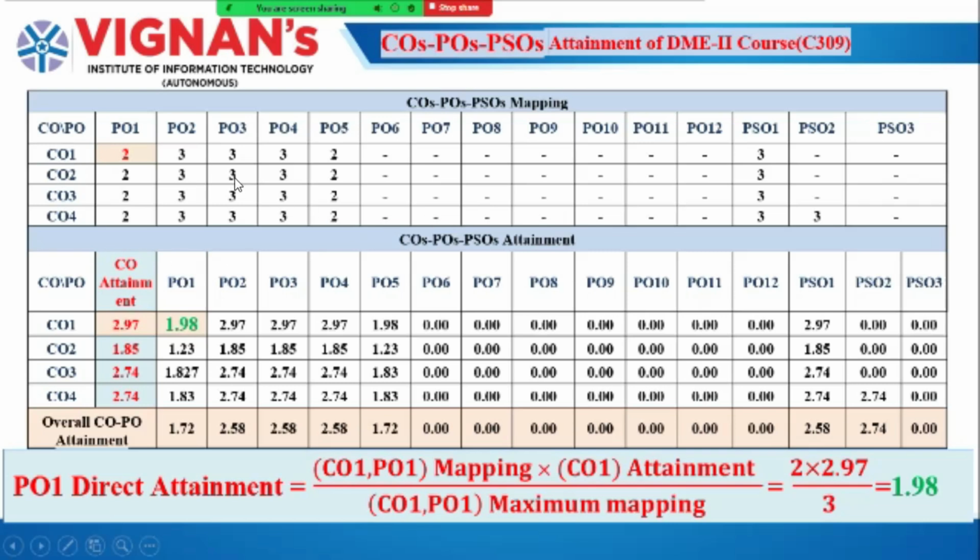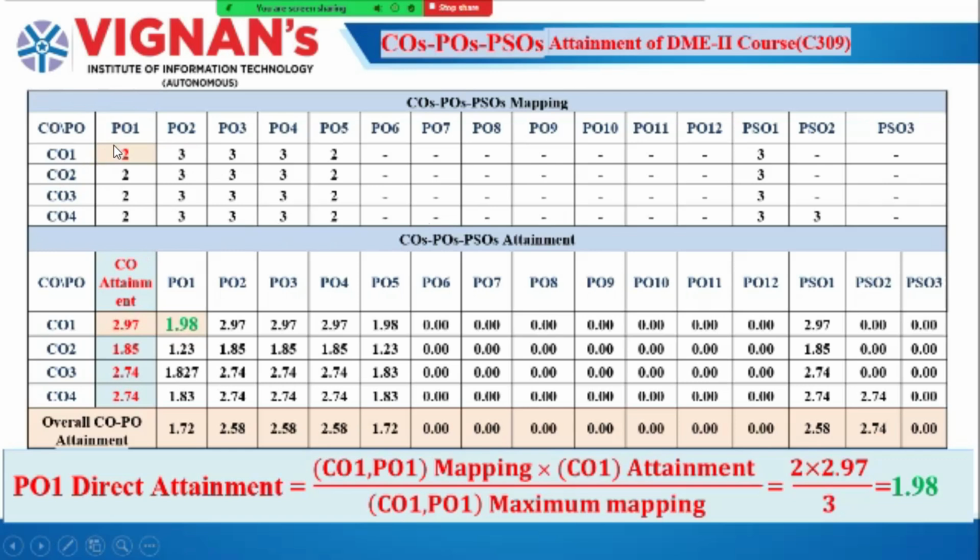For example, if you observe here, PO2, PO3, PO4 mappings with respect to each PO are 3. So the formula is 3 by 3 into attainment value. These are the attainment values.